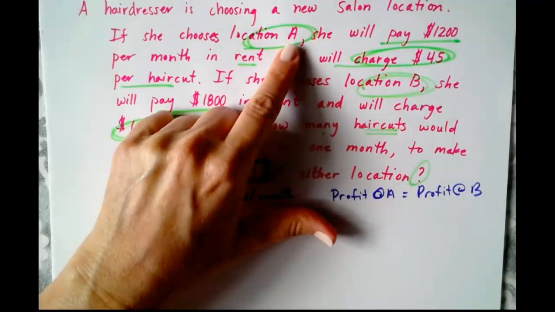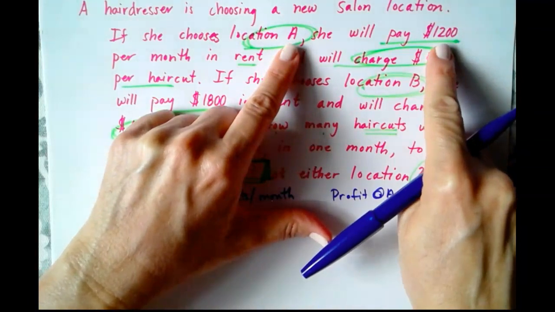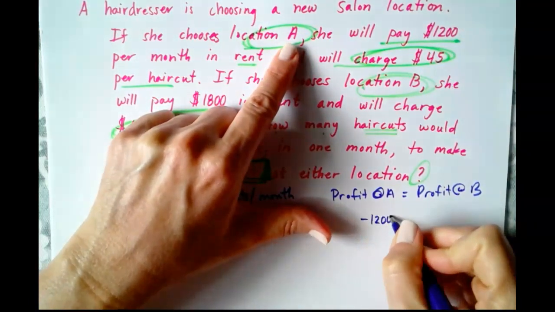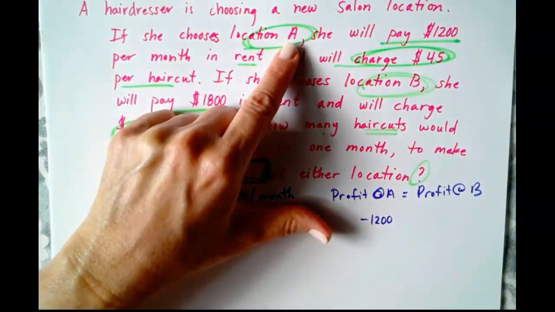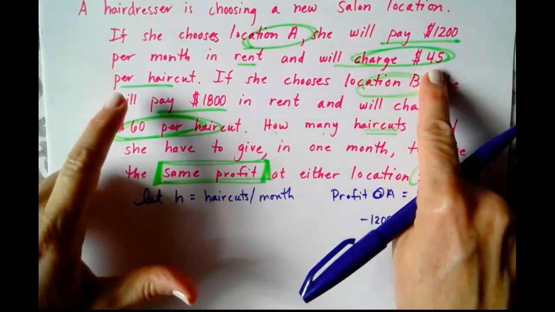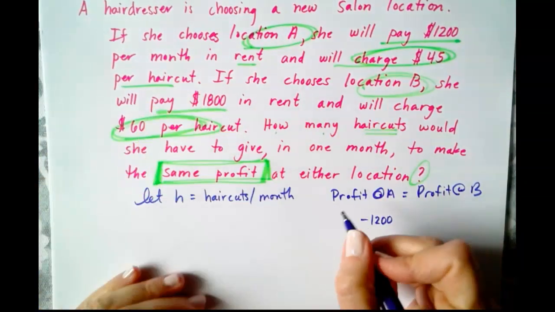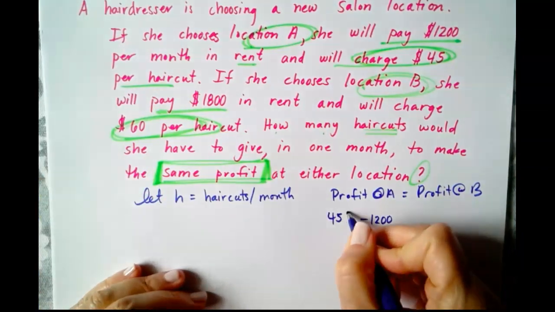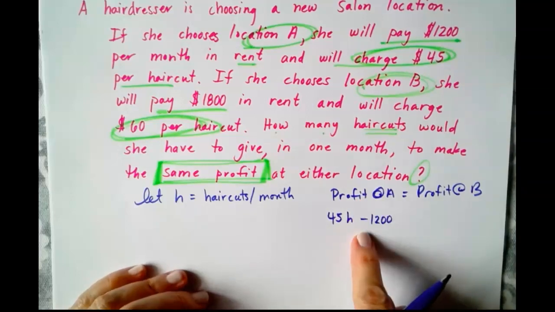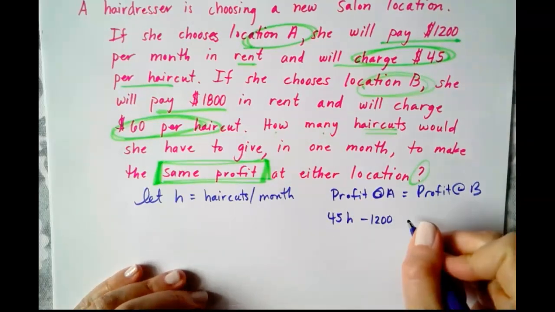So at location A, she's got to pay $1,200 for rent. So that $1,200 has to be taken away from how much she's going to earn. How much is she going to earn? Well, she's going to charge $45 per haircut. So 45H minus 1,200 is the amount of profit that she's going to bring in at location A.